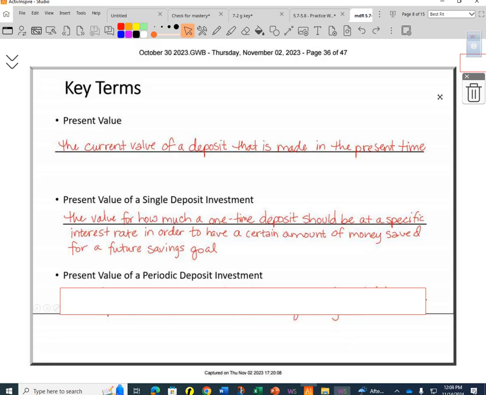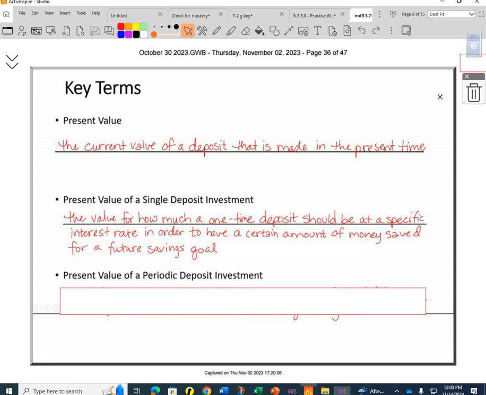The present value of a single deposit investment is the value for how much a one-time deposit should be at a specific interest rate in order to have a certain amount of money saved for a future savings goal.